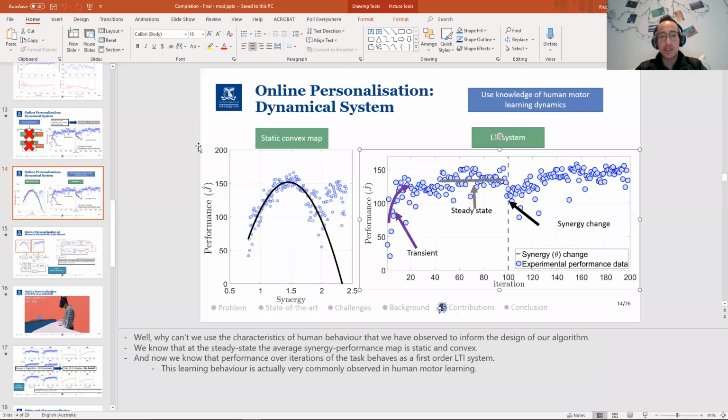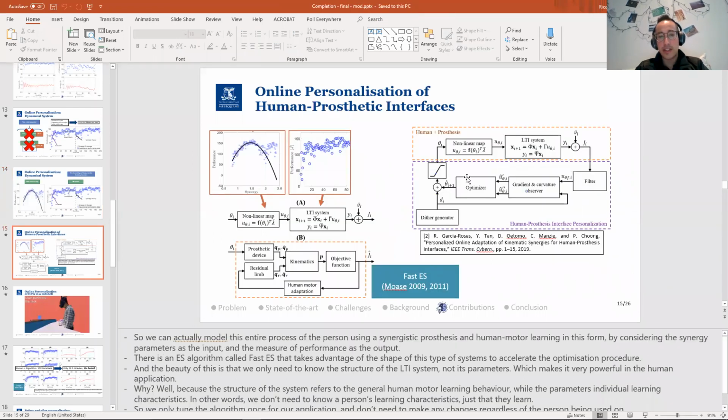When the change is really small, that's not needed, and the whole idea with using fast extremum seeking is to not need to do that. So the fast extremum seeking option allows us to sort of invert the learning dynamics, such that we can update at the same time as the human is learning to do the task.